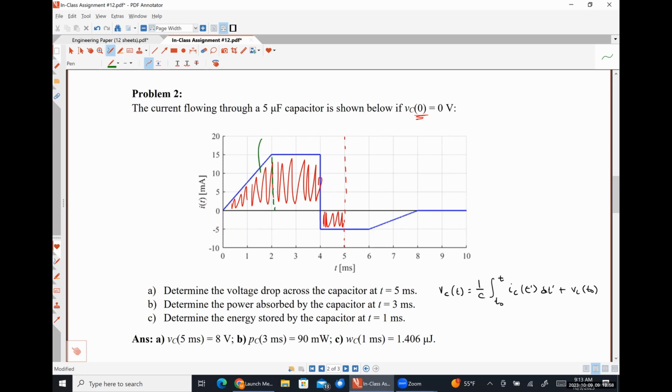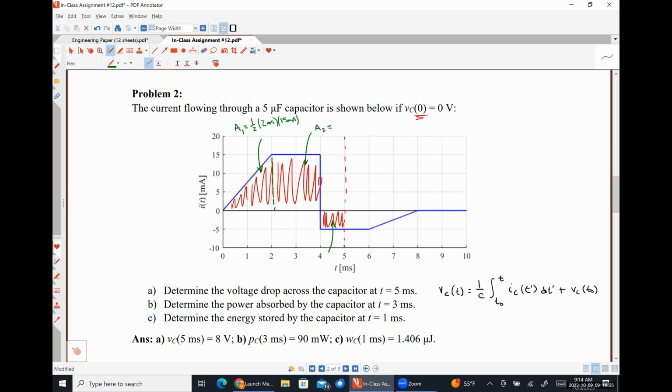I personally would split this into 3 different areas. This area A1 is the area of a right triangle: 1/2 the base, which is 2 milliseconds, times the height, which is 15 milliamps.